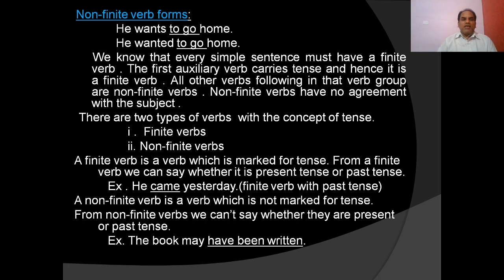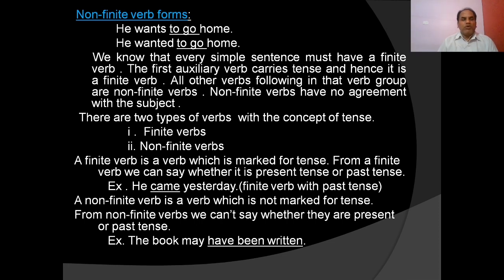Okay? Am I clear? There are two types of verbs with the concept of tense: finite verbs and non-finite verbs. So what is a finite verb? A finite verb is a verb which is marked for tense. A finite verb is linked with the tense. If it is delinked, it is non-finite.